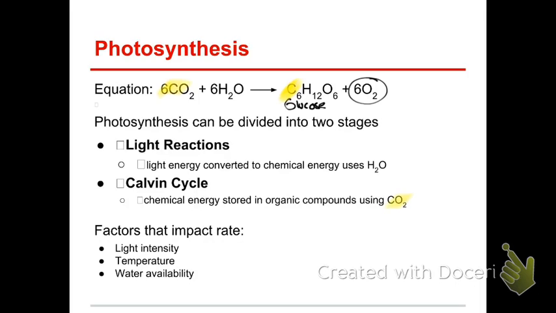Overall, it's pretty simple to follow. Where it gets difficult is the oxygens. Where does this oxygen go? Does it go in here, or does it go here? Is it part of glucose, or is it part of the oxygen that's given off? And we'll talk about those today in the light reaction.